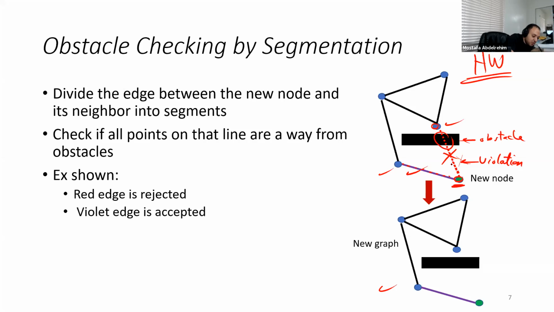If any of these nodes are within an obstacle, like those, for example, if even one of them is within an obstacle, then there is an obstacle between the new node and this neighbor. Then you must exclude that edge and not add it to your graph. This is clear, guys? Okay, so that's it.